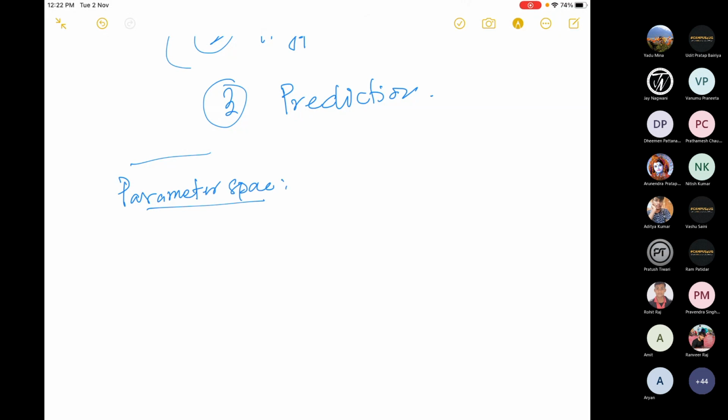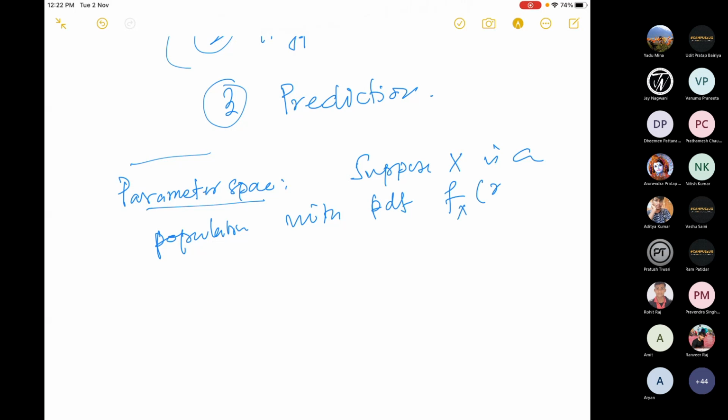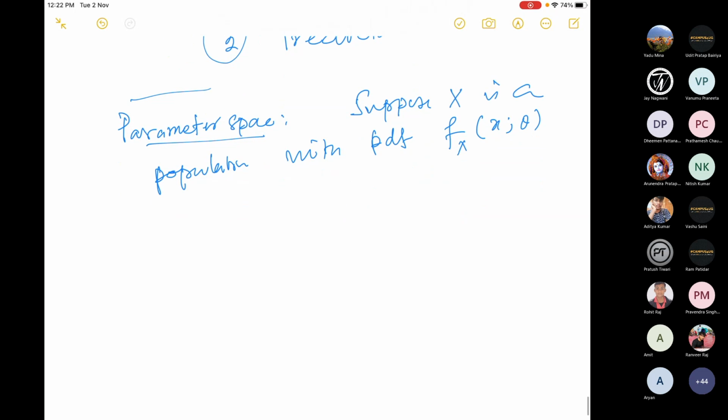To define it, suppose X is a population, this is your assumption, with PDF f_X, and theta is unknown.